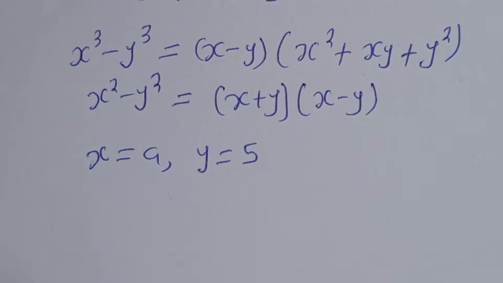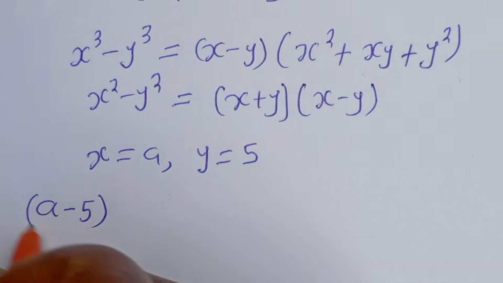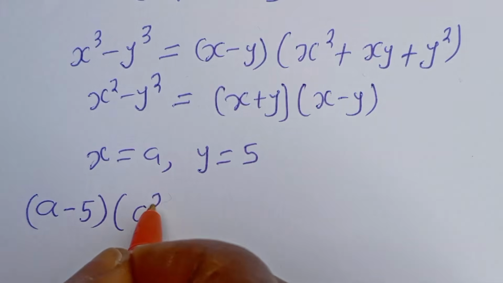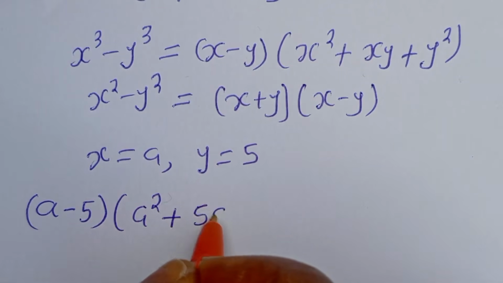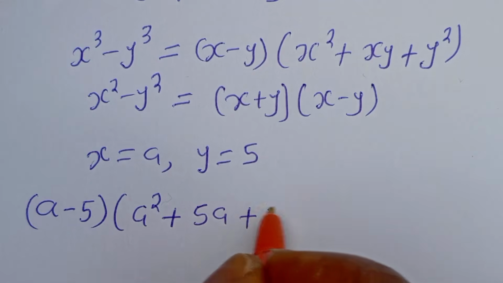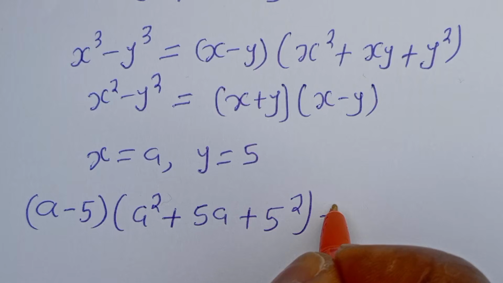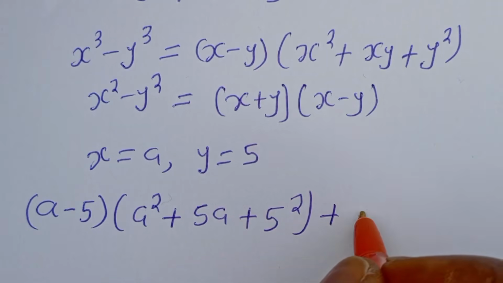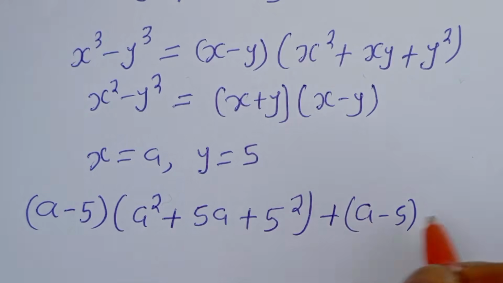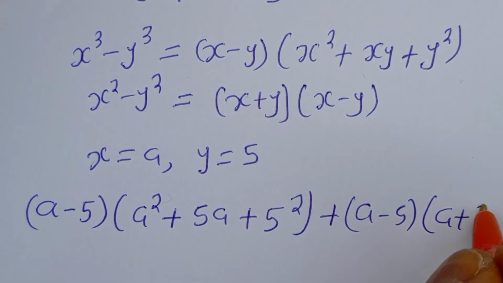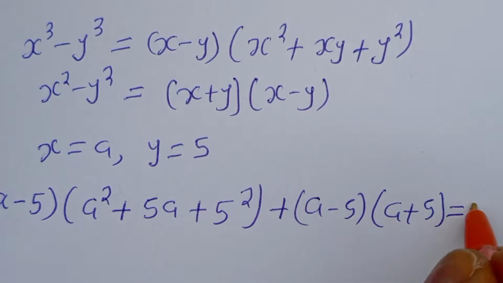Let's substitute. We have a minus 5 bracket a square plus 5a plus 5 square, then plus this a minus 5 bracket a plus 5, everything is equal to 0.